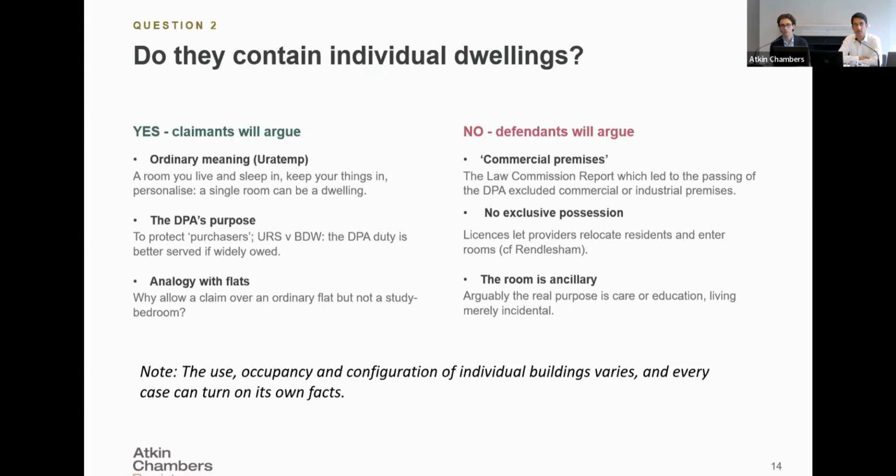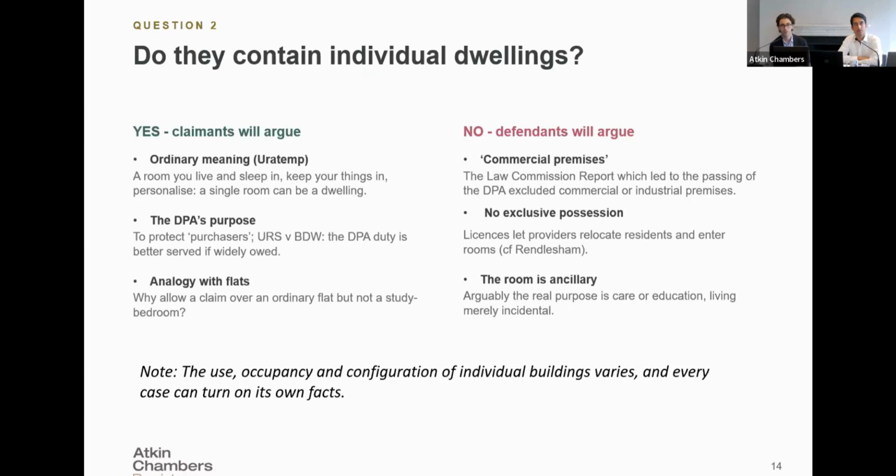That was discussed in Rendlesham in the context of communal spaces, corridors. If there are defects to those areas which are considered to be constructed in connection with the provision of a dwelling, which a corridor or fire escape route most likely will be, a DPA claim usually can be brought in respect of those areas, even if they are not part of the dwelling itself.